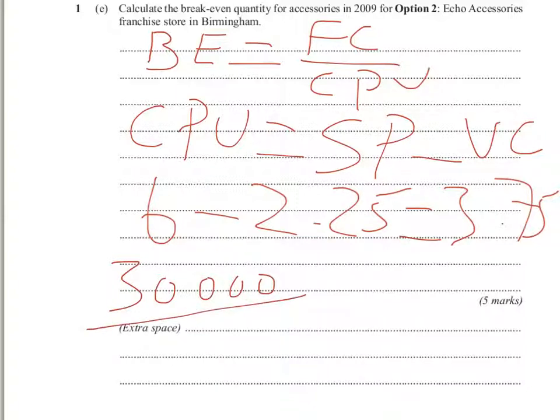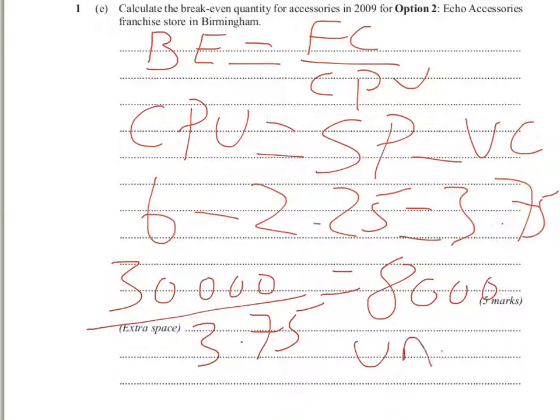So you then divide this by the contribution per unit, which will show you that in order to break even, Echo Accessories, in regards to option 2, will have to sell 8,000 units. Therefore, 8,000 units is the correct answer, which will give you 5 marks.